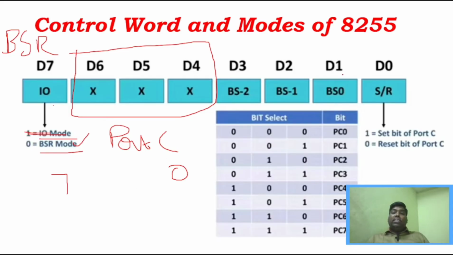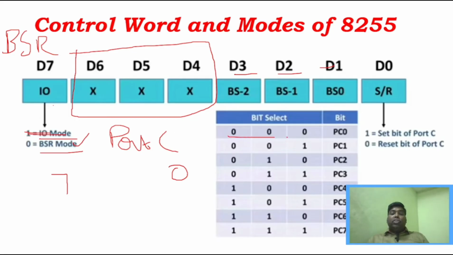Now you see this D1, D2, D3, right? We know that there are 8 different bits or 8 different terminals, right? So which bit in port C is selected? Either 0 is selected, 1 is selected, 2 is selected. Which bit is selected will be determined by these 3 pins, D1, D2 and D3, right? How it is selected, you can see here.